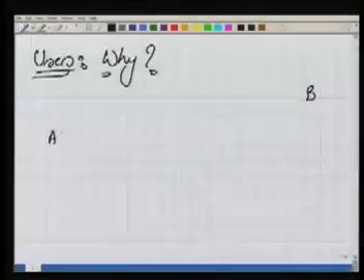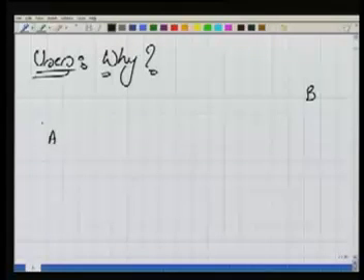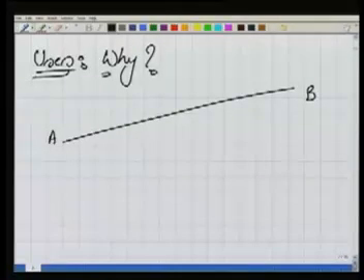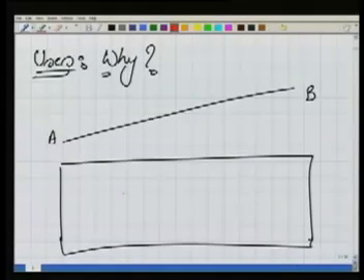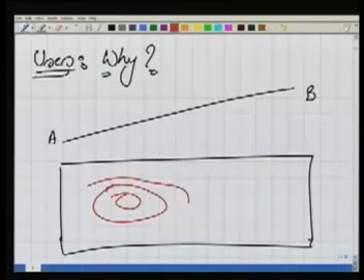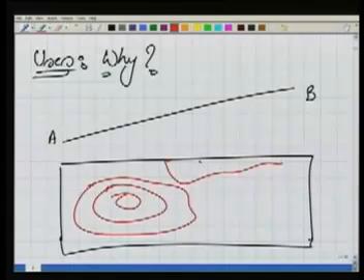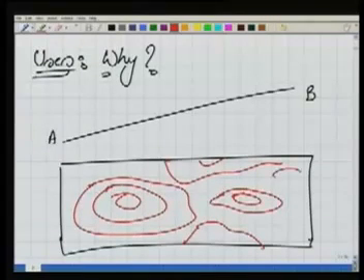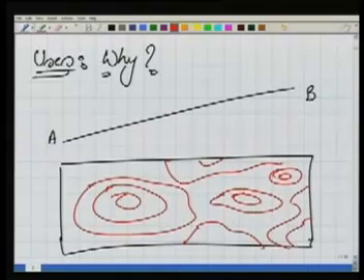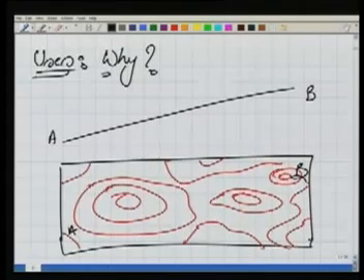Somehow we will occupy this particular area and survey this entire terrain and make a map, so that in the map we have contours between A and B. Now these contours will of course have a value. These are the contours, something like this, and our A and B are here.